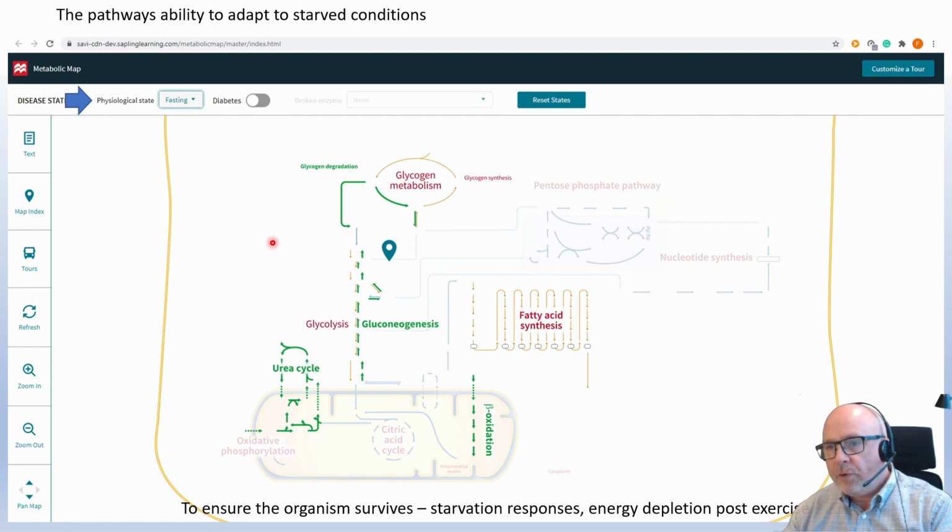But during starvation conditions, we have a switch, but it's a coordinated switch. We have gluconeogenesis and we have the urea cycle being turned on, we have increased beta oxidation. And these are adaptations in the cell to ensure that the organism survives.